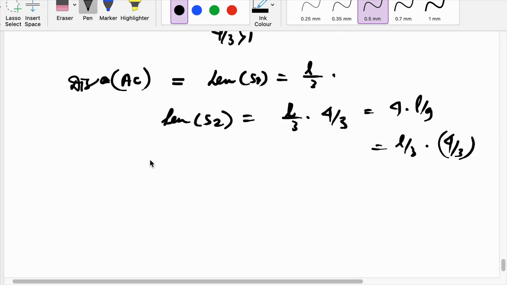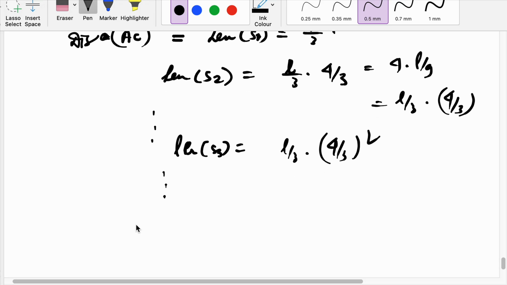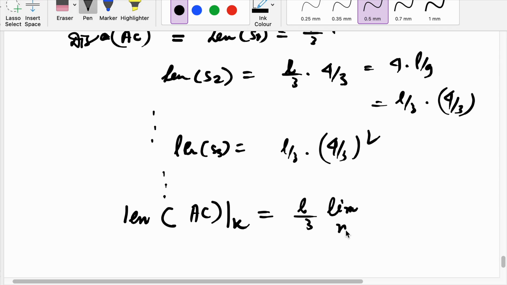You will find that again you will go L length of S3, you will find that L by 3 into 4 by 3 square. Now if we go to infinity, what is the length between A to C in the von Koch curve? You will find that L by 3, limit n tends to infinity, (4 by 3) to the power n. So this is also infinity.